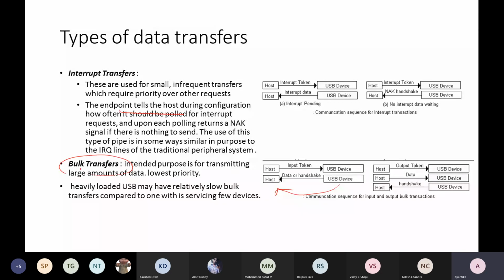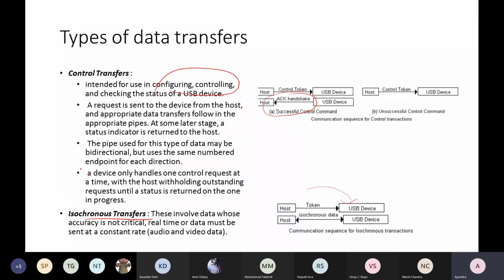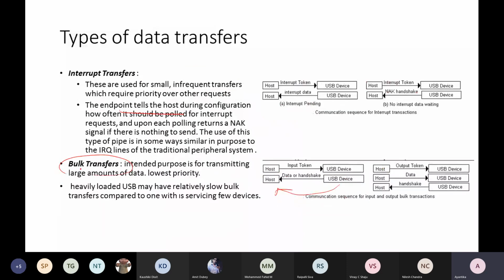But the important thing to note is that this bulk transfer has the lowest priority. So whenever any USB connected device is heavily loaded, that means it is associated with some other interrupt transfer or some other isochronous transfer, and of course control transfer is the initiating part, then bulk transfer will be stalled or assigned a relatively slow speed.